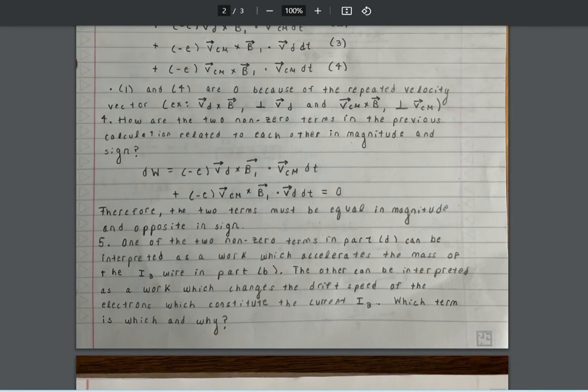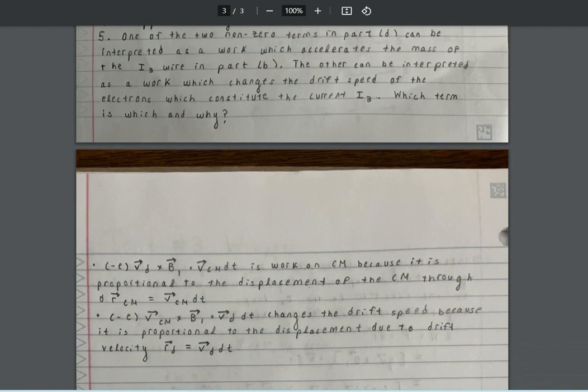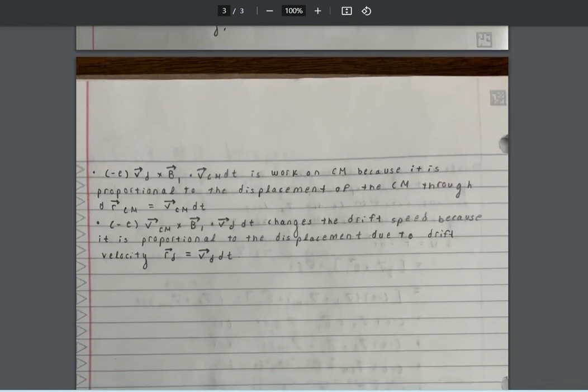So based on the terms we have listed here, which one applies to the drift speed versus the center of mass.